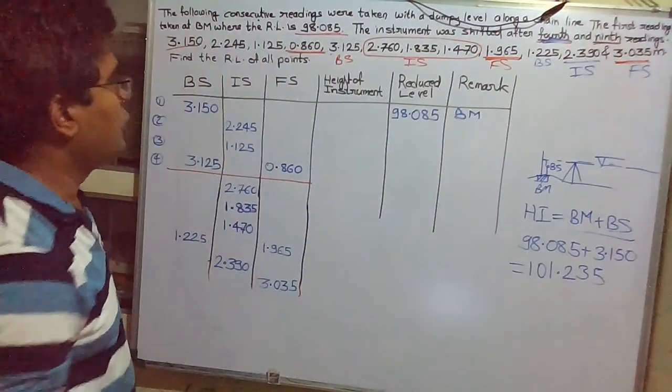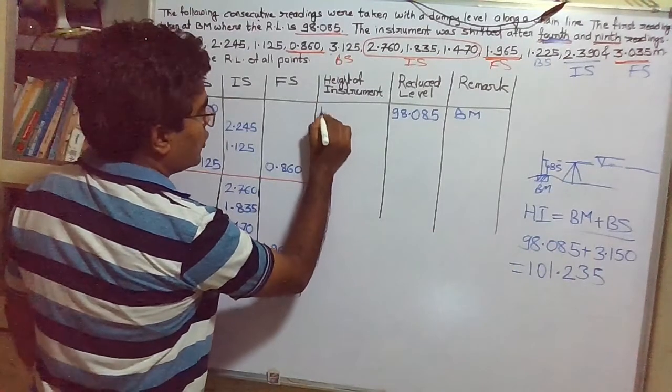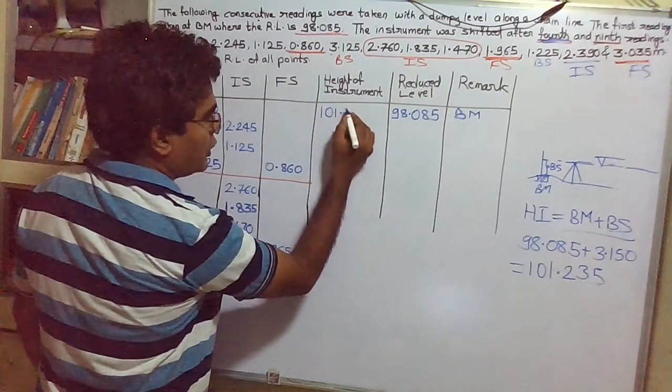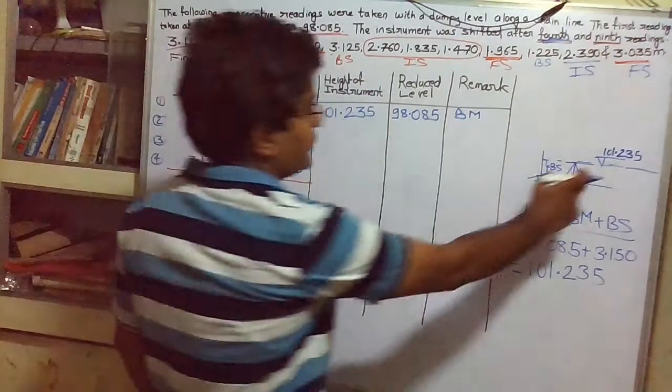So here we can write the height of instrument: 101.235. Now this is the HI, 101.235.